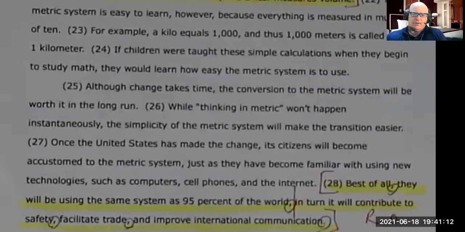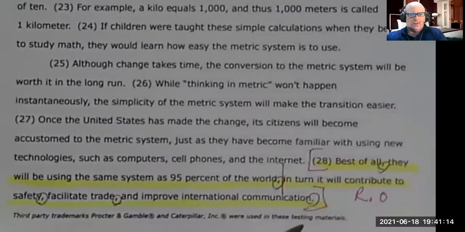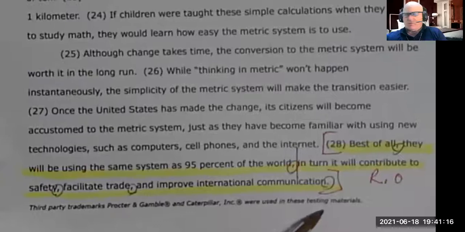But the state will always test this comma, but never the last one in a series, because of the Oxford comma rule being different from one program to the next. So getting back to our choices, we can see that it's a run-on.